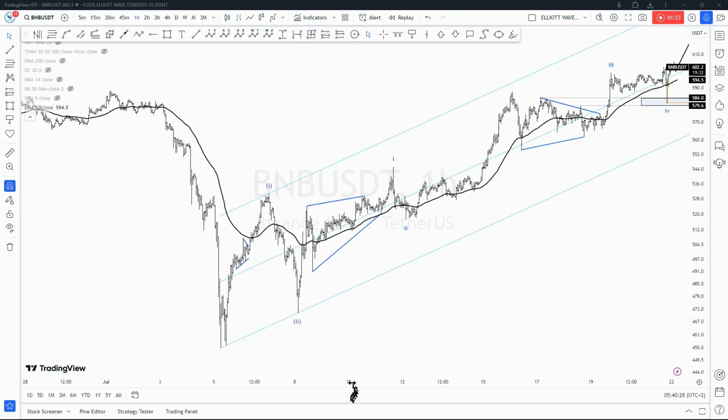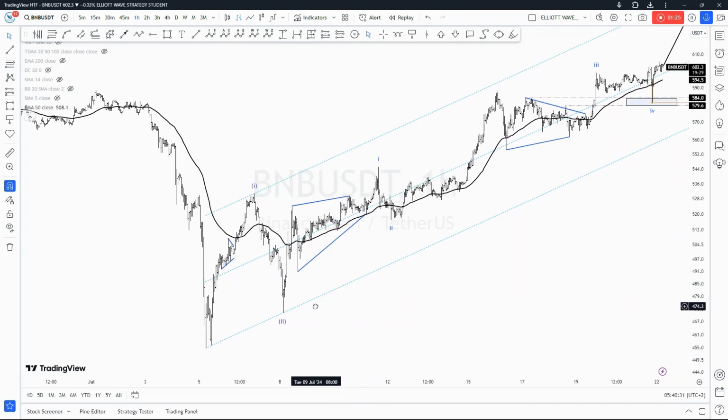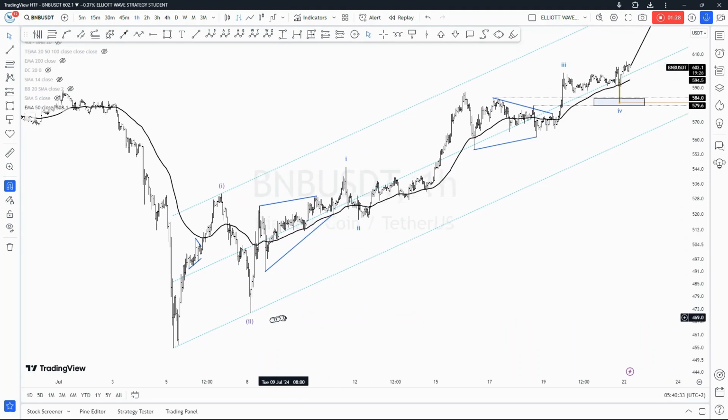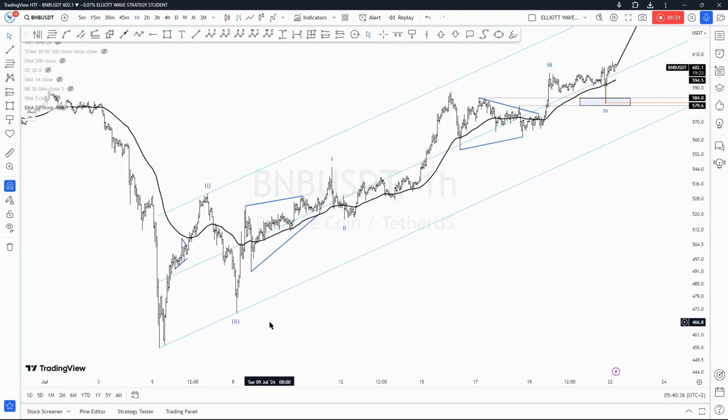What I noticed is that before a sizable move in the market, more often than not, just before the reversal of a trend or just after a major correction, you will see a double top or double bottom formation. For example, this is BNB USDT, which is Binance coin. Around the 6th of July, we saw this double bottom formation I just spoke of, right about there. And then what followed was a move which is still in play as of today.